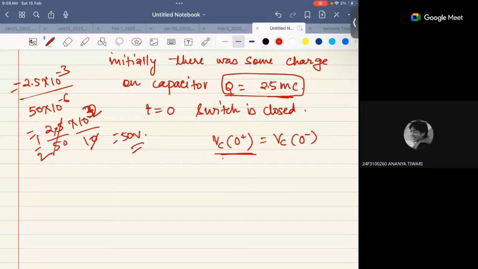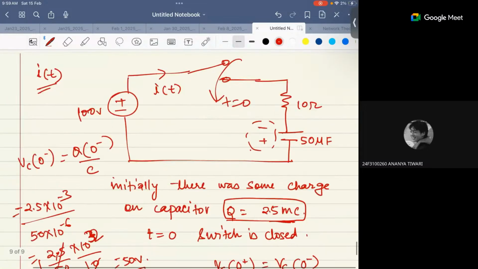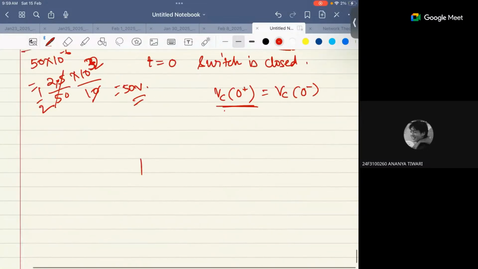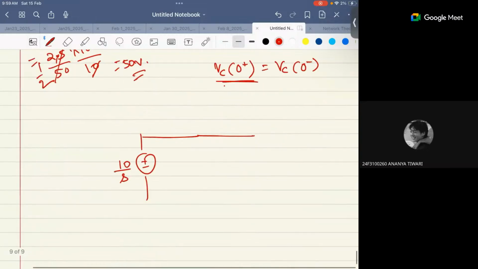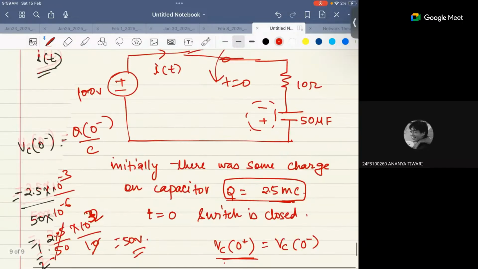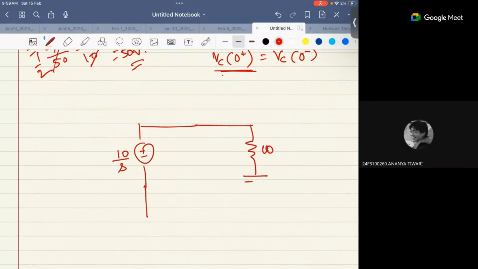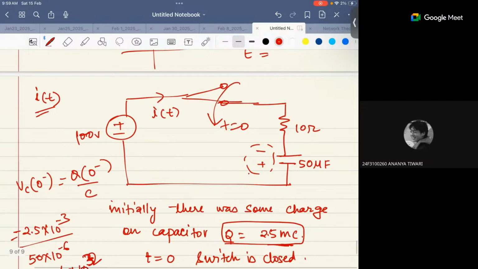Now how can you write this equation in Laplace? This will change to 100 upon s, correct? And then as you are connecting, this will be a 10 ohm resistor, and the capacitor, and then you will be having a voltage. Why is this minus plus? Because in the question itself, the charge was given in such a way that the voltage is minus plus.